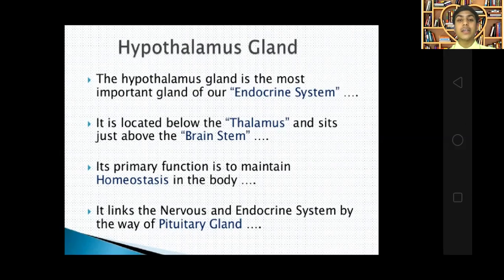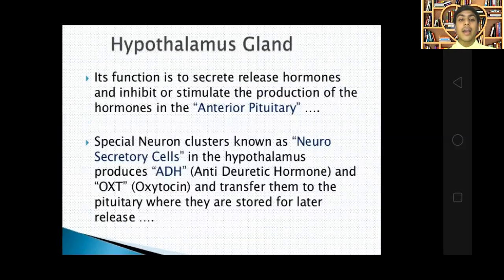It links the nervous and endocrine systems by way of the pituitary gland. We'll discuss the pituitary gland in the next slide.